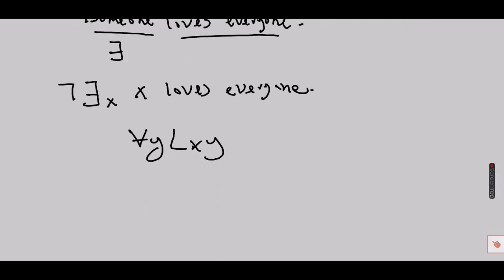And putting all the things together, we get: it's not the case that there is some x in the domain of people such that for every y in the domain of people, x loves y. That's the symbolization.